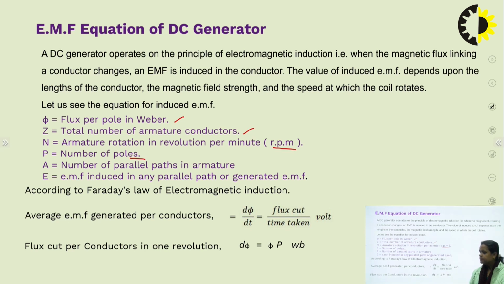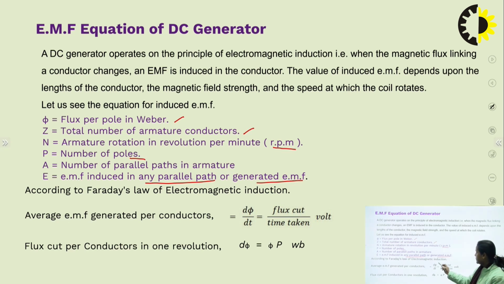Capital A is the number of parallel paths in the armature, in which the total Z conductors are divided. And E is the EMF induced in any parallel path, or we can say the total generated EMF of the armature.